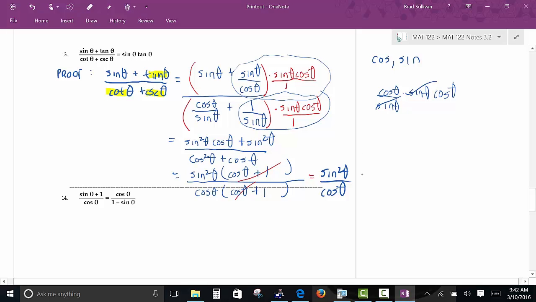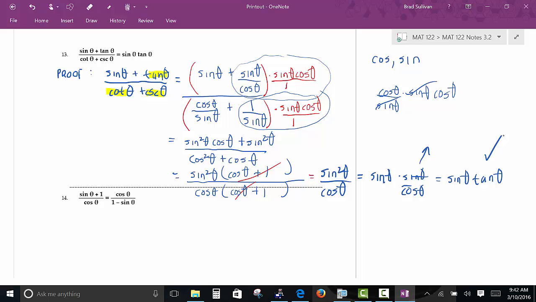So the best way to write this out is just write the step like this: sine theta times sine theta over cosine theta, and you're done. Sine theta is left alone. This part right here is the tangent theta. So that's the proof. We started with the left side. We did everything correctly mathematically, and we ended up at the right side. Isn't that cool? It is.